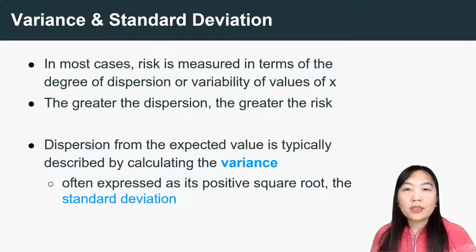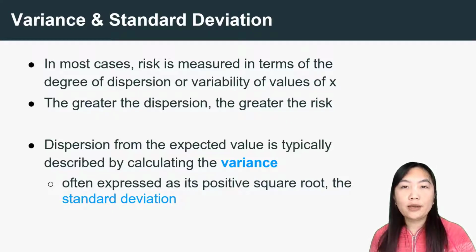Usually we are not only interested in the central tendency, we are sometimes interested in the dispersion, or the spread, or sometimes you call it variability, of the values of X. Remember, X was the outcome. For example, in the milk yield example, it is the different ranges of the milk yield. Usually the greater the dispersion or the greater the spread, the greater the risk.